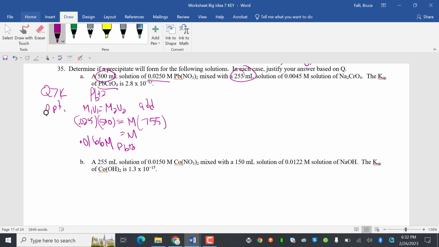Got to do the exact same thing for chromate. I have 0.0045 for my original molarity. My original volume is 255. Notice that my final volume will be the same.